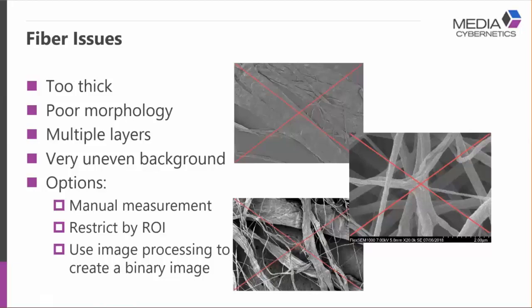So what can you do? You really have 3 options. One is, for something like this, you can always come in and make manual measurements, which is built into the Fiber app, which will give you your orientation and the other parameters. If you have places where there are clearly some fibers that are well-defined within the image, you can draw multiple ROIs and then test just within those areas.